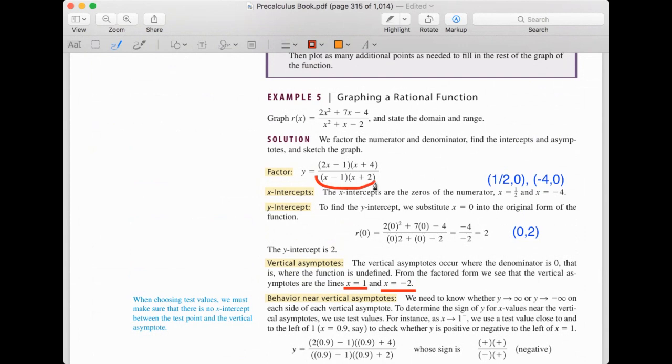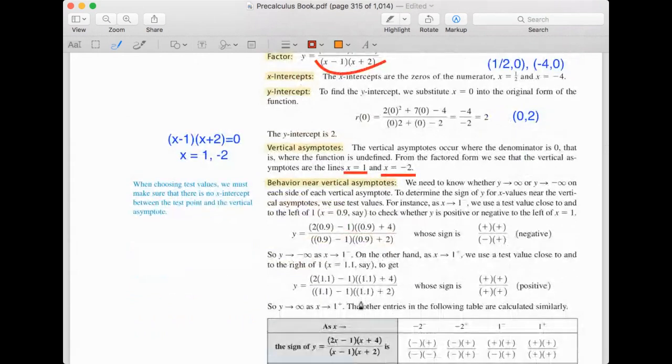Yeah. Right, we have here x minus 1, x plus 2. We set them equal to 0. We solve this. You see we get 1 and negative 2. Oh, okay, I got it now. Yeah. Okay, all right. Thank you. You're welcome.